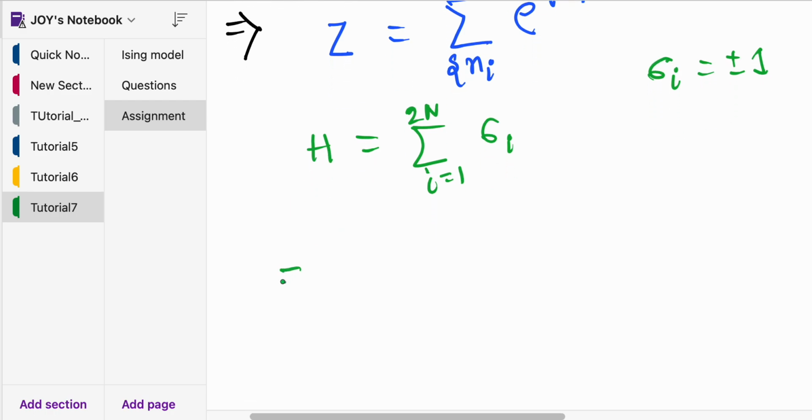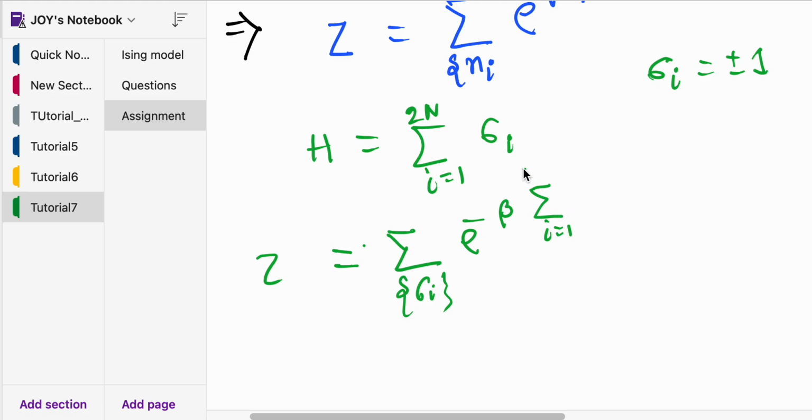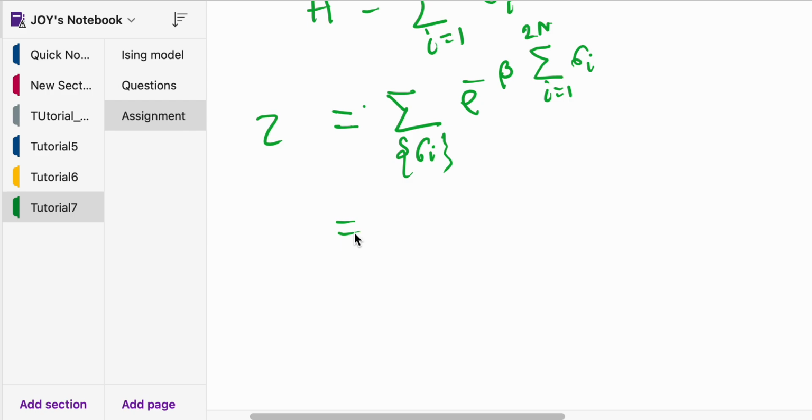Then Z will be all possible combinations. So Z is the trace of that, that means the sum over possible combinations of sigma i's of e to the power minus beta summation of i equal to 1 to 2n sigma i.